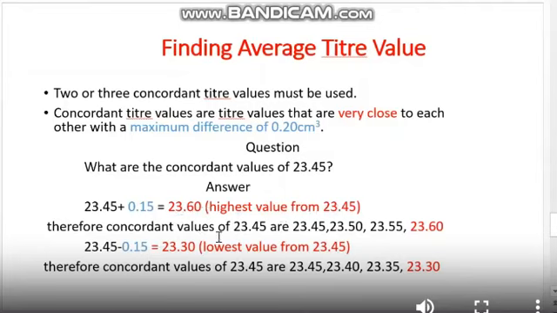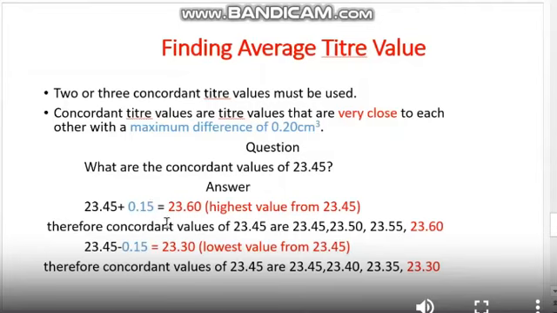So therefore, concordant values of 23.45 are 23.45 itself, 23.50, the next value after 45 is 50. After 0.50 is now 0.55. After 0.55, you now have 23.60.